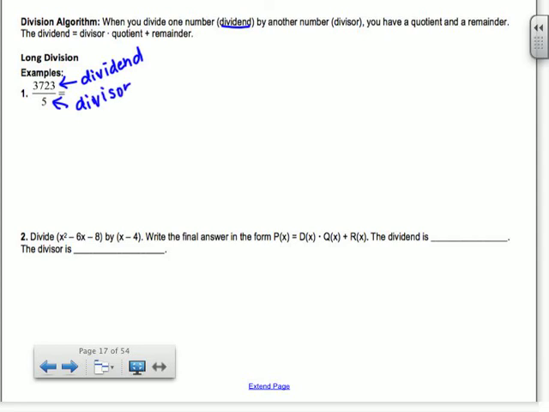I always remember the dividend is like the bigger word, so it's usually the bigger number. So I'm going to divide my dividend by my divisor. That's how I set it up. So 3723 divided by 5.